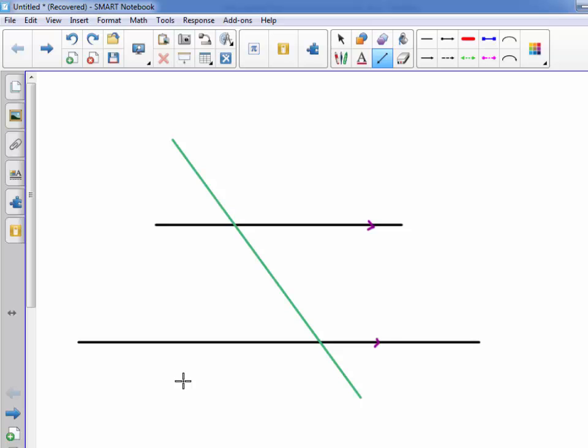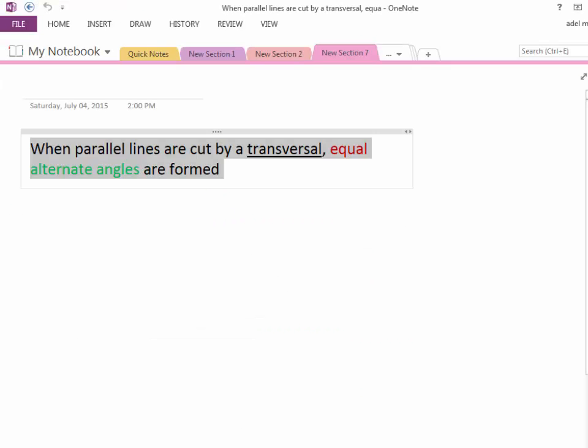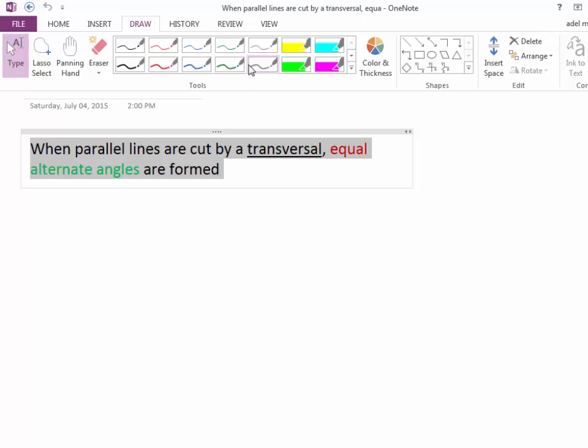So we need to understand what it means when parallel lines are cut by a transversal, equal alternate angles are formed. Alternate angles usually have a Z pattern. I need you to understand that.